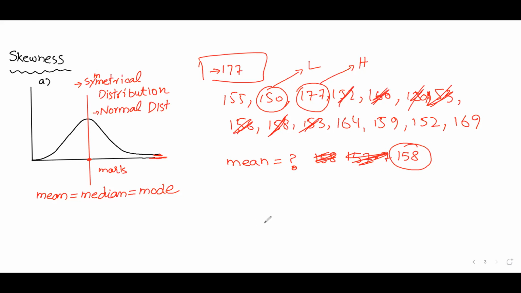So if I make a graph like this one, so this is 177 and the lowest is 150. Let me calculate the center point: 150 plus 177 divided by 2.